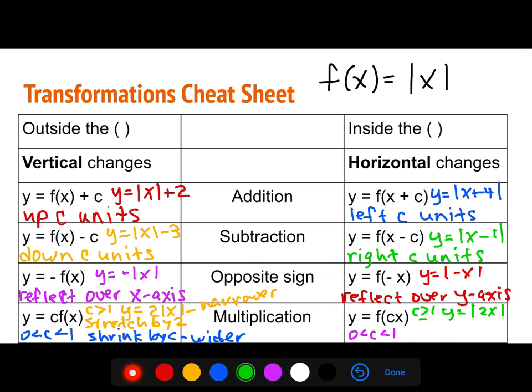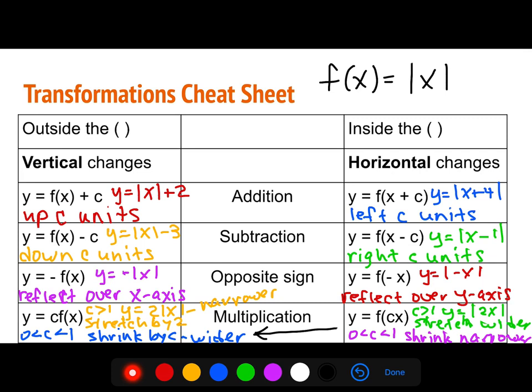So the first one would be a stretch, but it would make it wider. And the second one would be a shrink, but it would make it narrower. And again, this is exactly opposite the one next to it, which is narrower and wider in the other directions. I don't use that last one very often, but the others I'm going to use quite a bit in here.